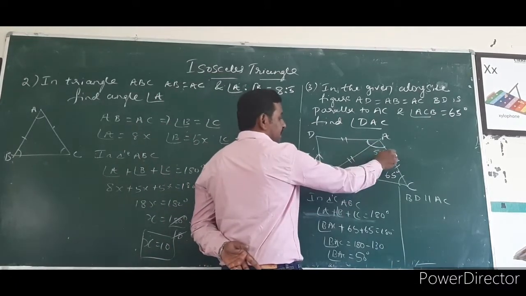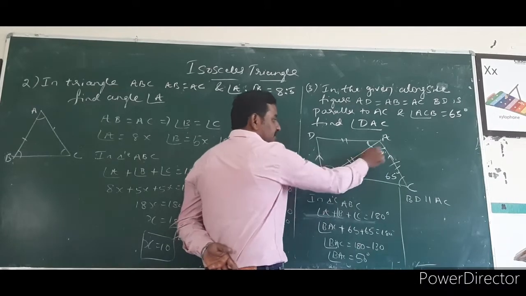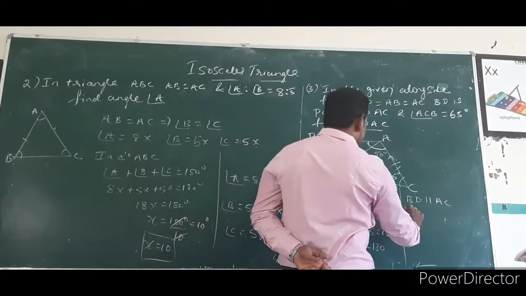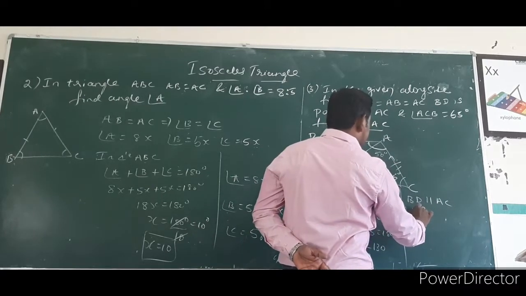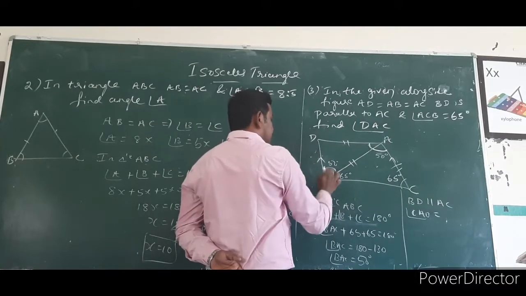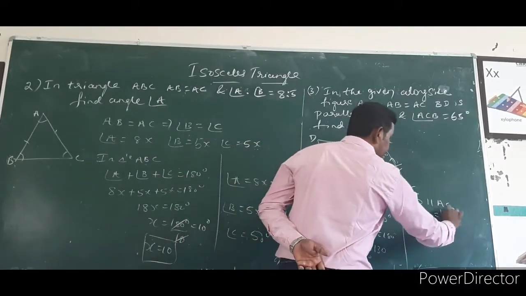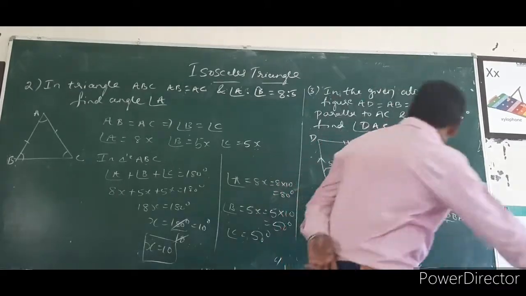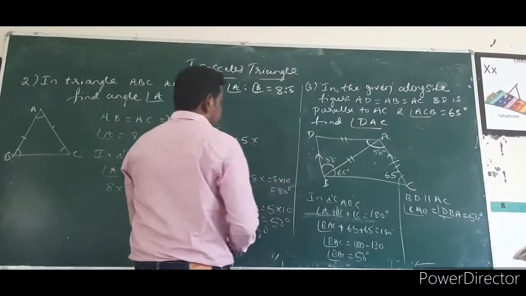These two lines are parallel, and this is the transversal, so this angle equals this angle. That is 50 degrees. That means angle CAB is equal to DBA, which is 50 degrees.